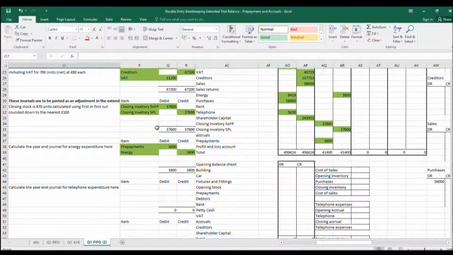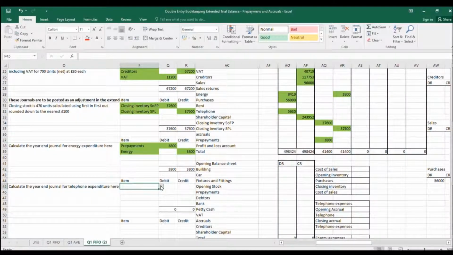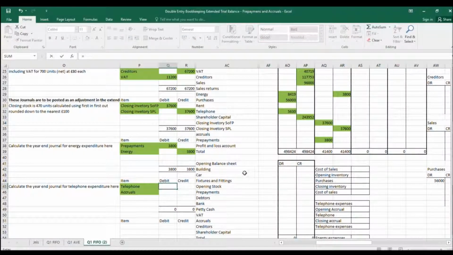Now that's if they're saying use the invoice as the basis of calculation, and just sort of factor it up basically. So sorry, where was telephone? Let's find it. Telephone and accruals here. So we're going to add on this energy expenditure.